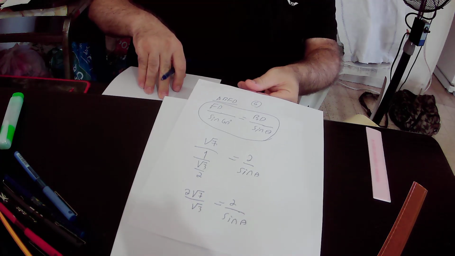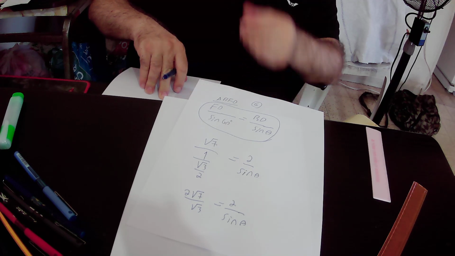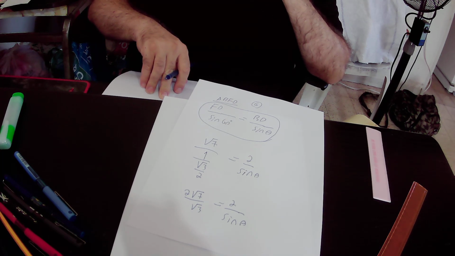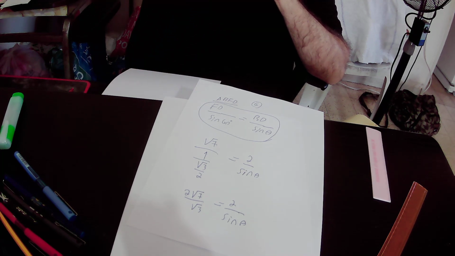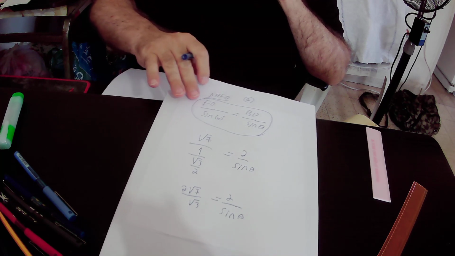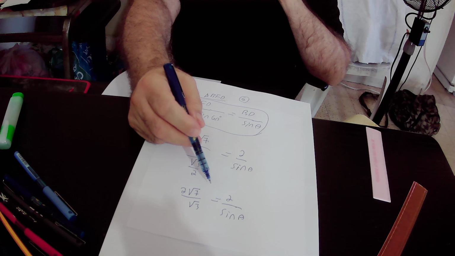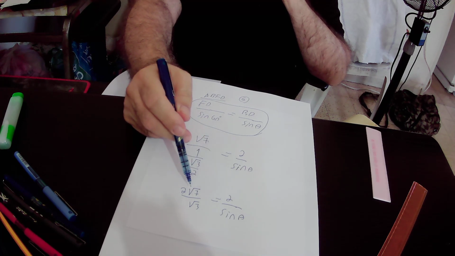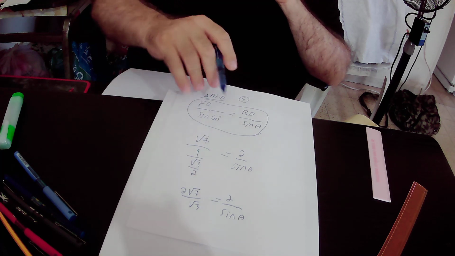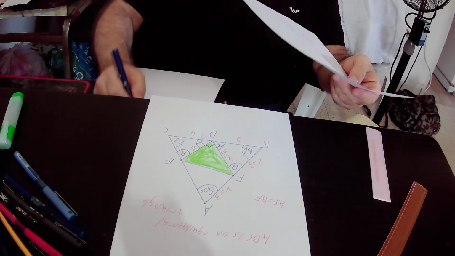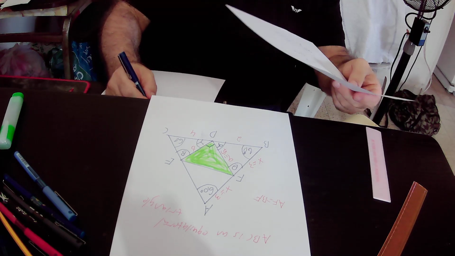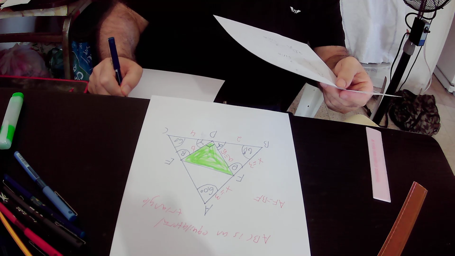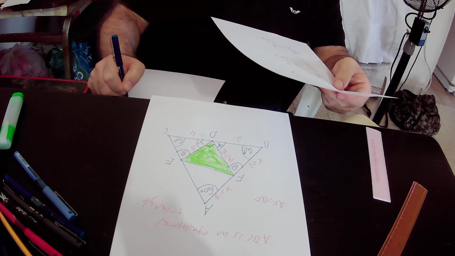Here we can multiply this equality by sinus theta, and then multiply it by root 3, and then divide it by 2 times root of 7, and we will get that sinus theta equals 2 times root of 3 over 2 times root of 7.